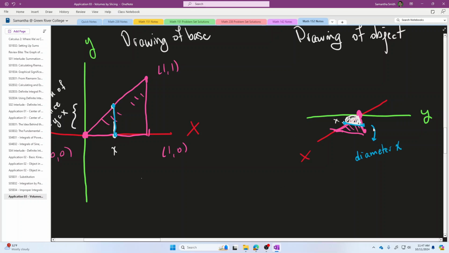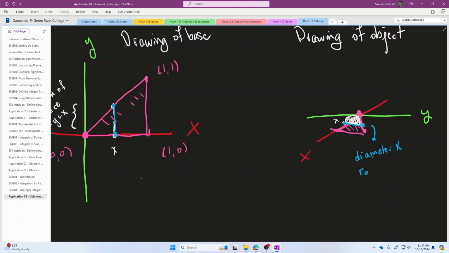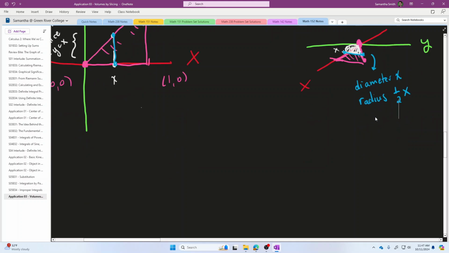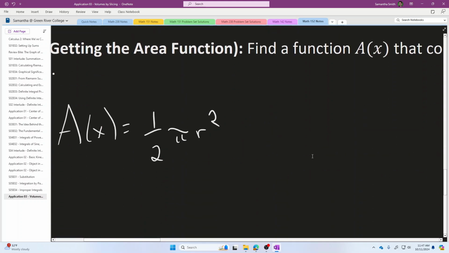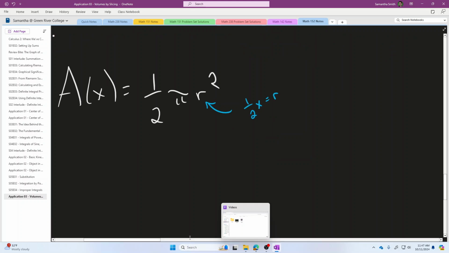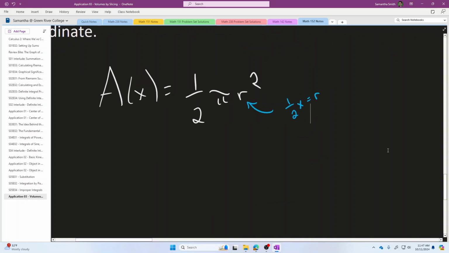So if the diameter of the semicircle is x, the radius of the semicircle must be 1/2 of that x. Half of the diameter is what gives you the radius of a circle. So having observed that, all I need to do is plug in 1/2 x for the radius of the semicircle taken at a random x value.